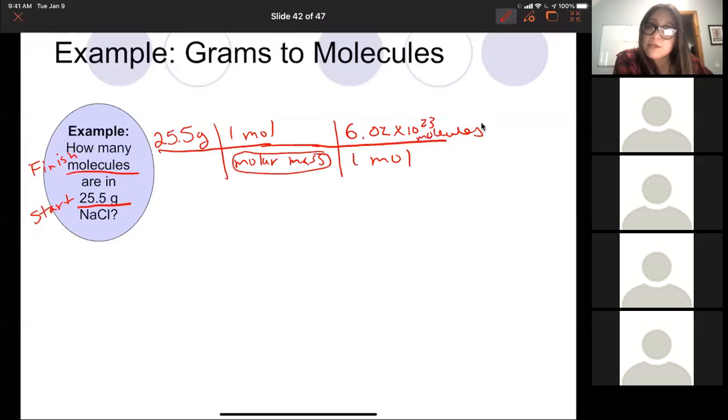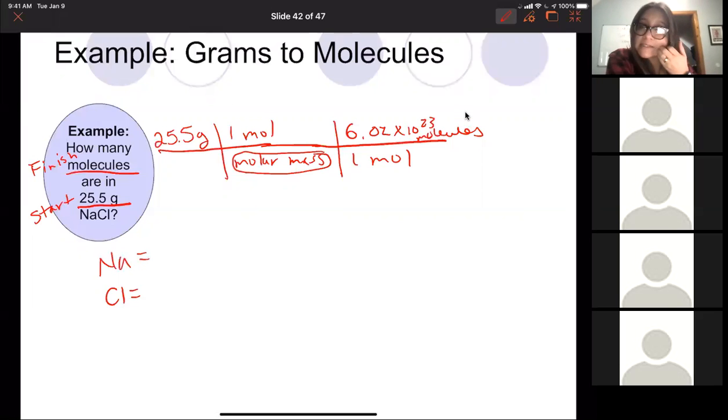What molecules are we using, guys? What atoms are we going to calculate the molar mass for? What do you think? NaCl, correct. So we are going to calculate the mass of Na and Cl.